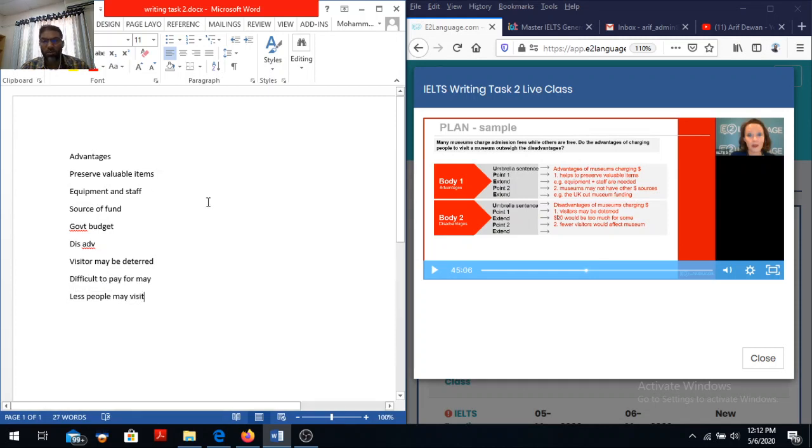So these are the advantages and disadvantages for body paragraphs 1 and 2. Now let's start with the introduction.